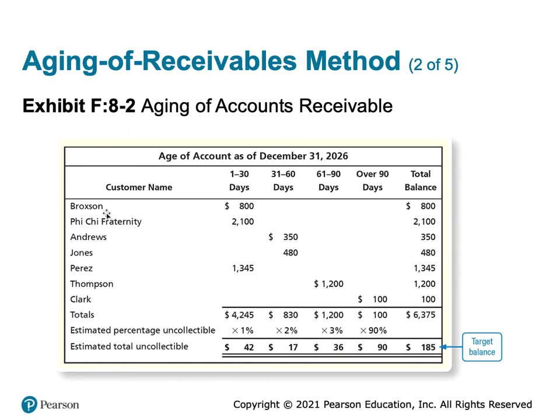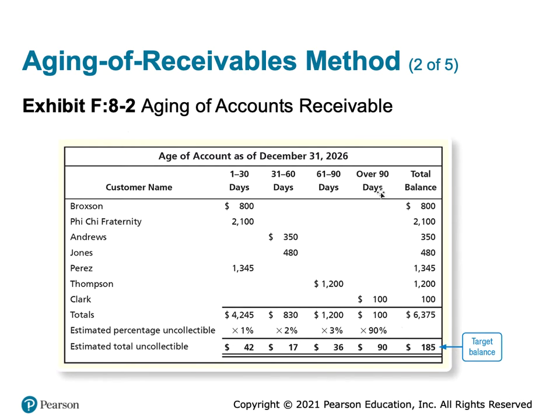So we have all of our accounts listed, and then their balances are presented in this chart in the 1 to 30 days, 31 to 60, 61 to 90, and over 90 days. And then a total is calculated for each of those categories. And then a unique percentage is applied to each category.